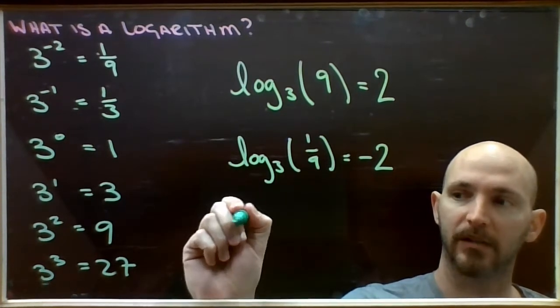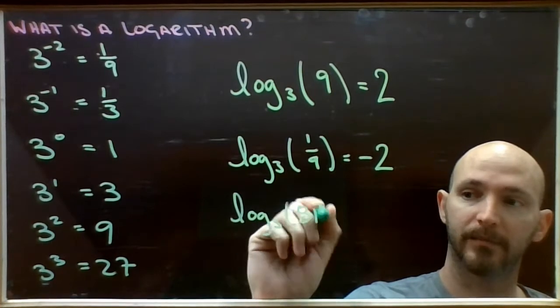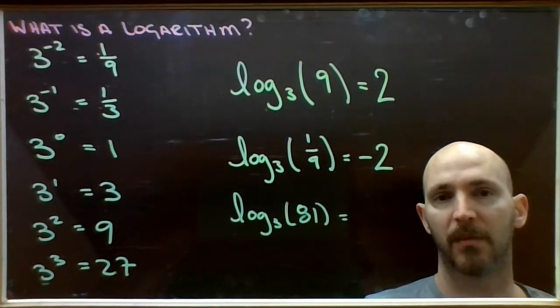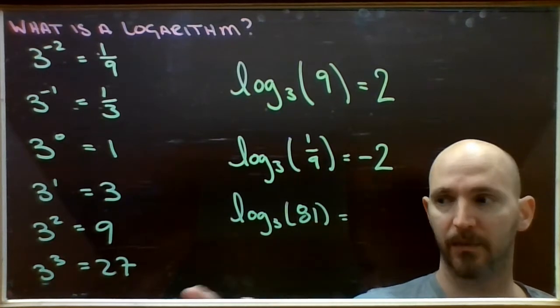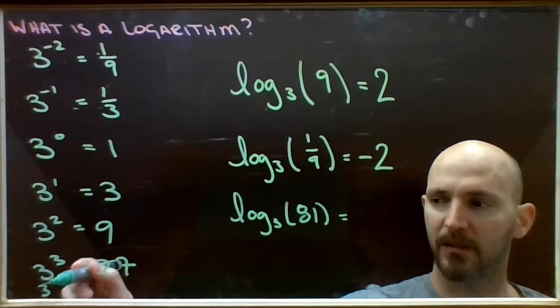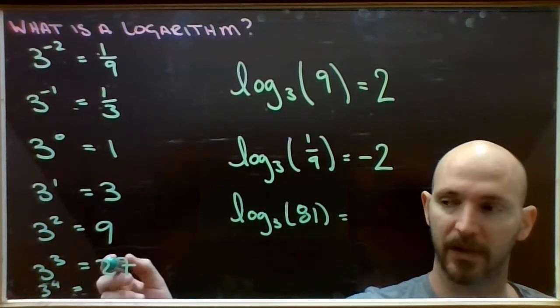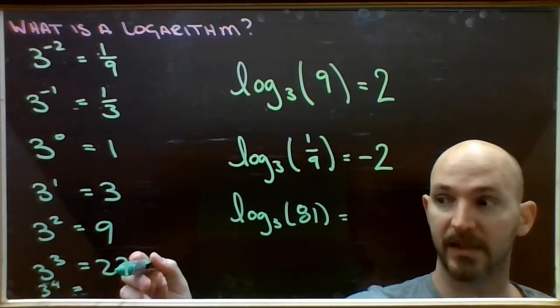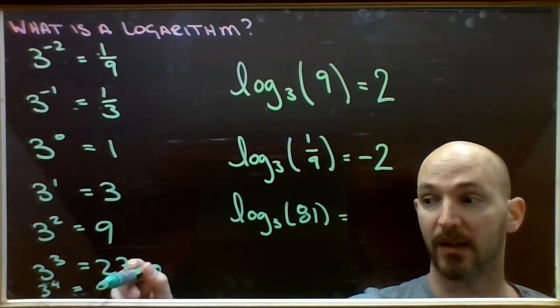One more on here, log base 3 of 81. Now 81's not on my chart, but I'm asking myself what the exponent would be. So down here, if I continued it, 3 to the power 4, that means take this number and triple it. Triple 20 would be 60, triple 7 would be 21, so 81.